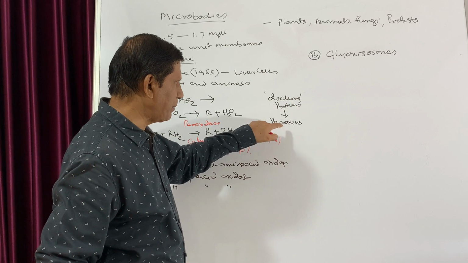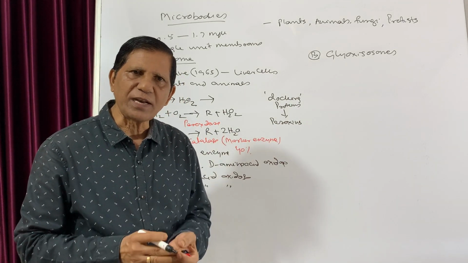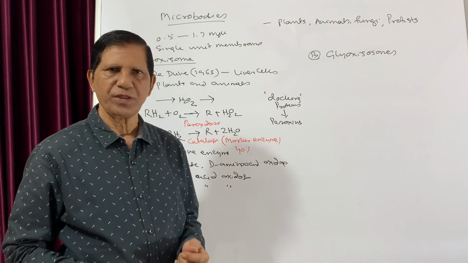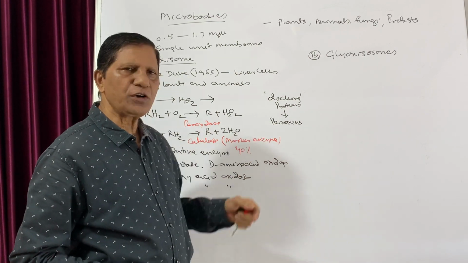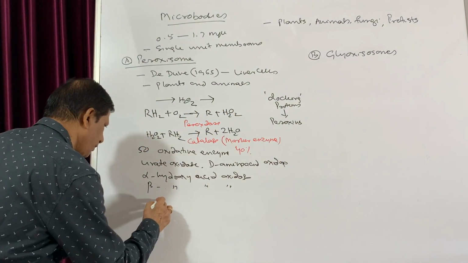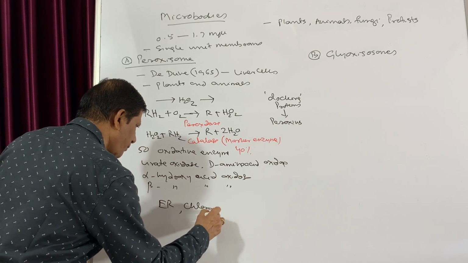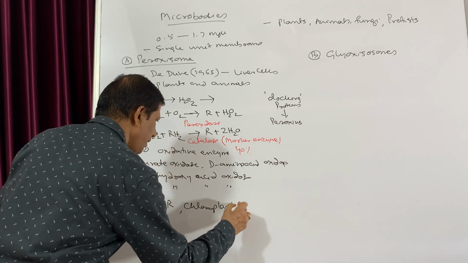The function of this peroxin is they obtain different types of substances from the endoplasmic reticulum. Usually, the peroxisome is associated with the endoplasmic reticulum, chloroplast and mitochondria.